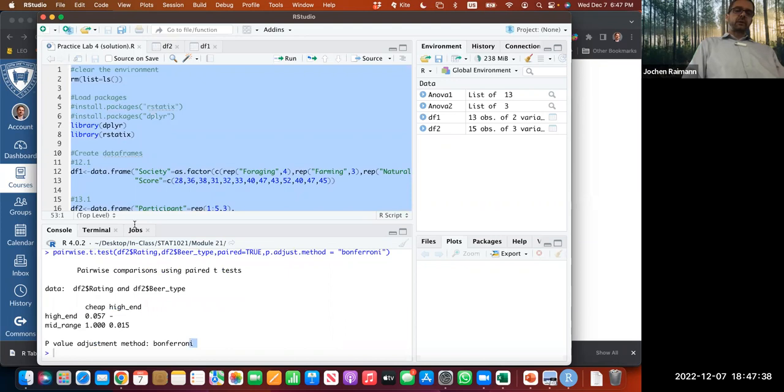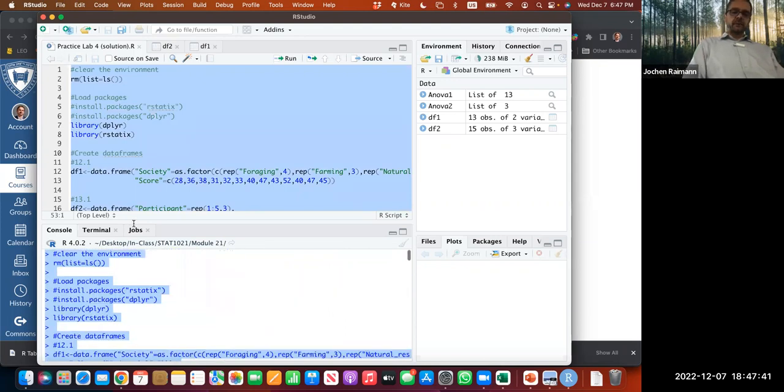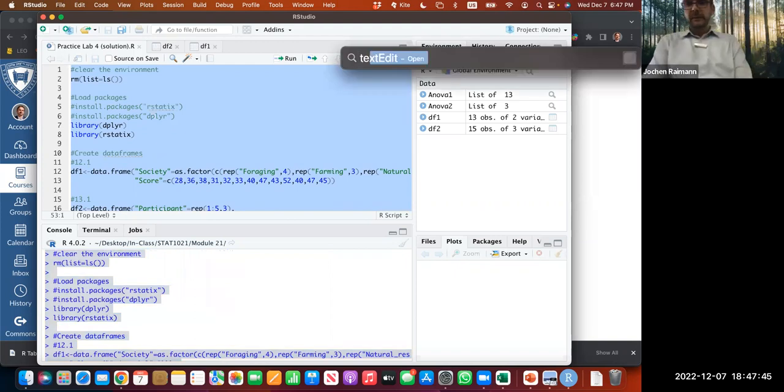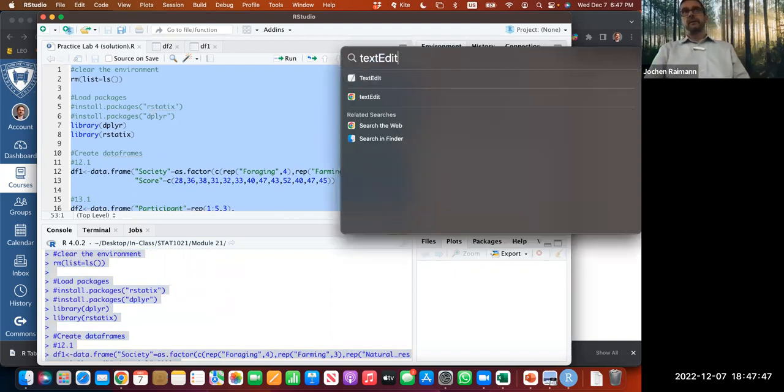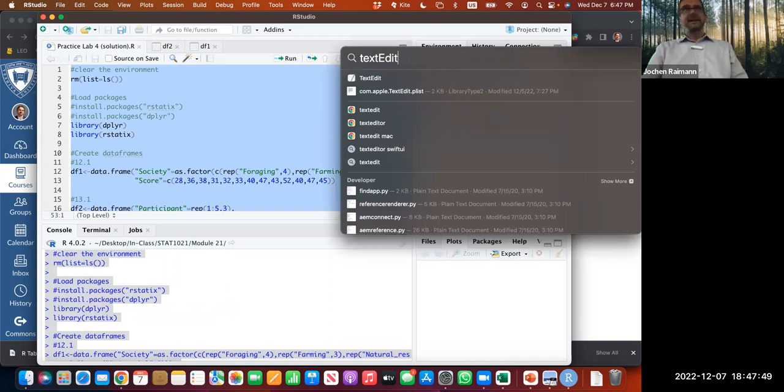Copy the entire code in a text document, which you get from the Spotlight. 5 and 6 hashtag out, click in the console, press Control and L. That clears the entire console.